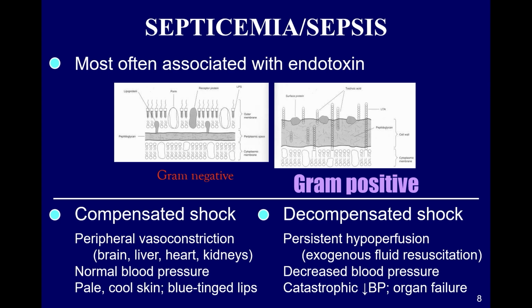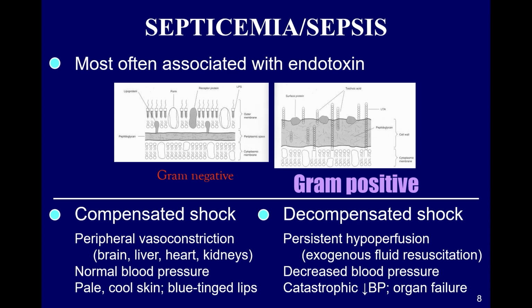In compensated shock, there is a peripheral vasoconstriction. That means the peripheral vasculature is being constricted to devote blood flow to your vital organs, such as the brain, heart, liver, and kidneys, right? So you have normal blood pressure overall because of that vasoconstriction, but as a result, you get the blue tinging of the lips, you get pale, cool skin because everything's being devoted to your core, right?